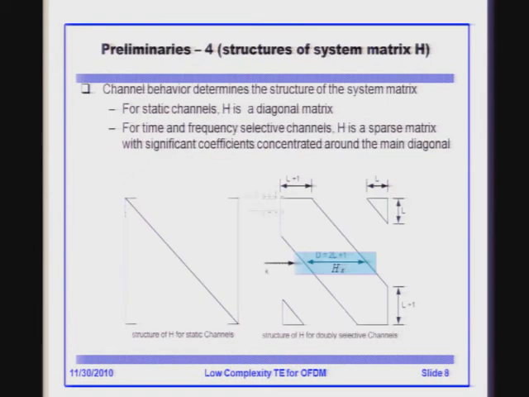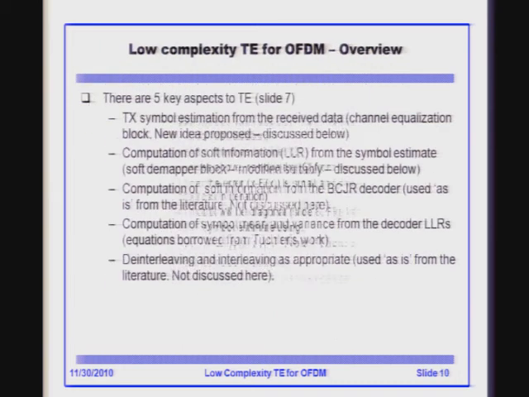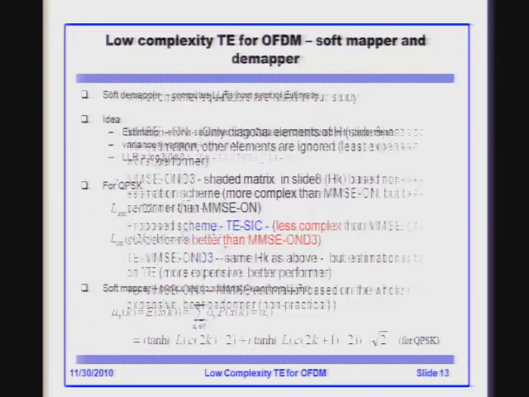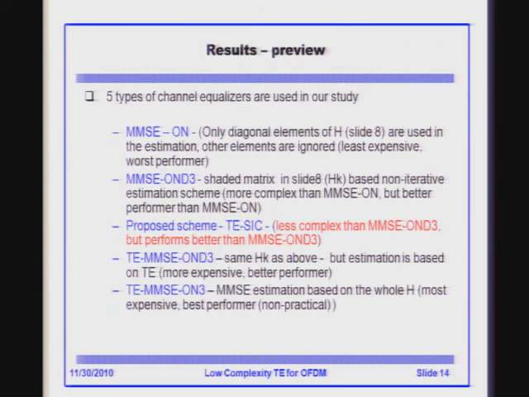Okay, let's finish this. Here the shaded portion is the portion of H when you use it for estimation, that is the MMSE OND cube scheme. Now the proposed scheme, we have seen that, and TE MMSE OND cube is the turbo version of the MMSE OND cube scheme that we discussed, and TE MMSE ON cube is, that is in fact a mistake.